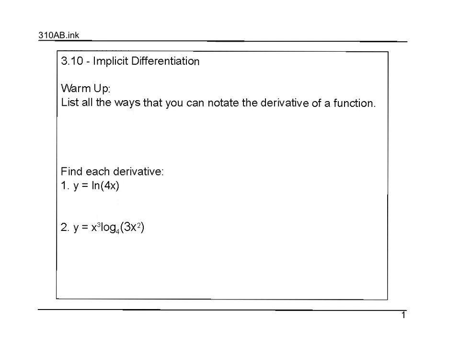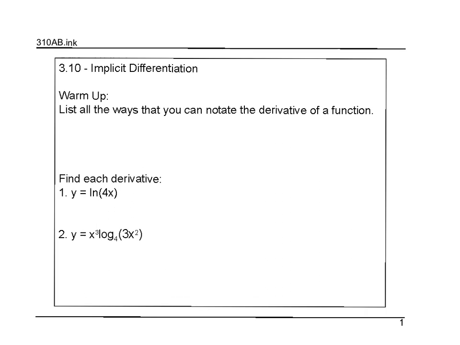So most commonly, we've been comfortable using y prime or f prime of x if it's in function notation. We tend to stay away from dy over dx, df over dx, and d dx. Now they're all saying the same thing, it just depends upon what the original equation or function is named as.